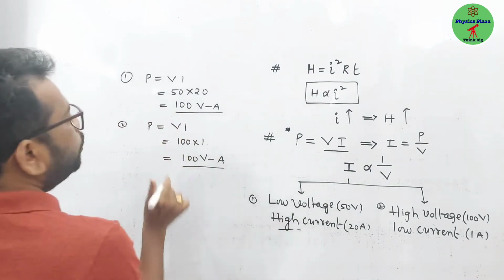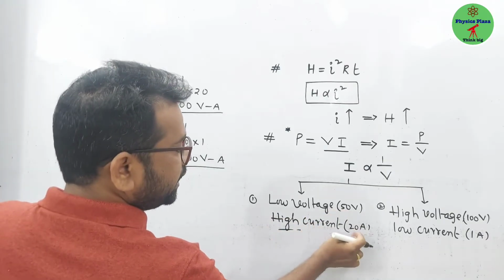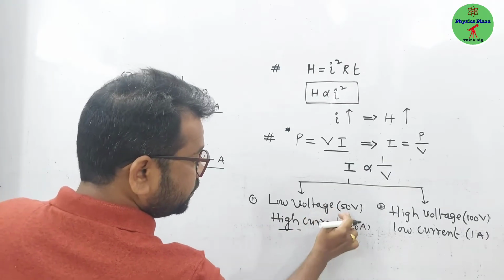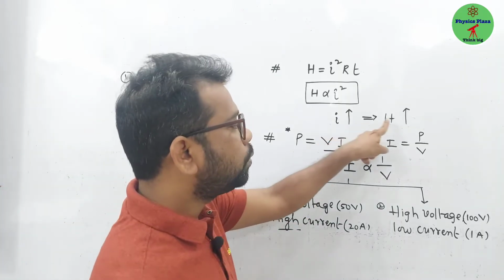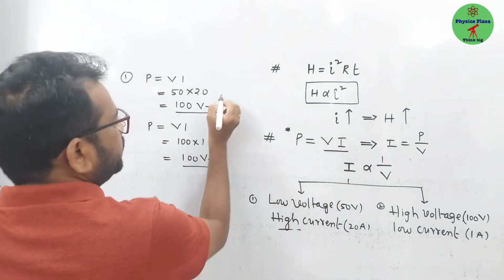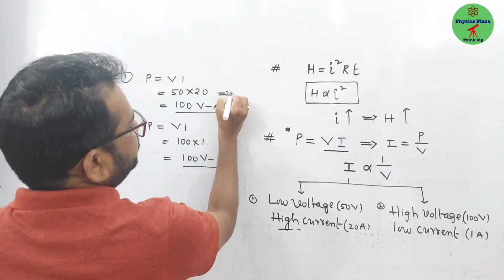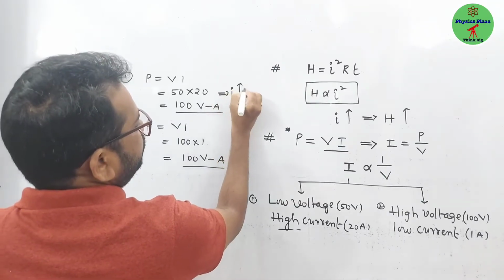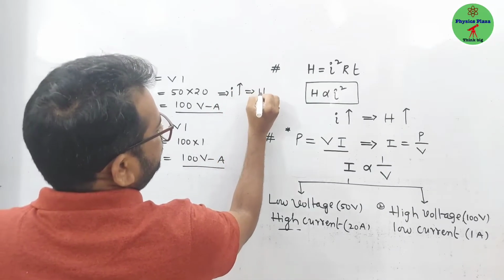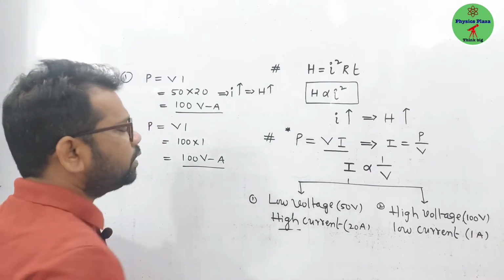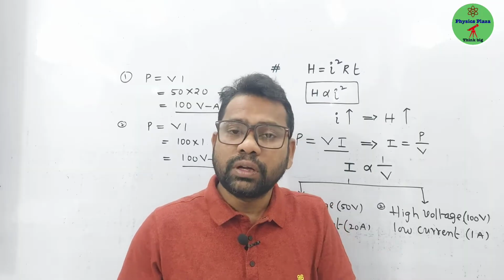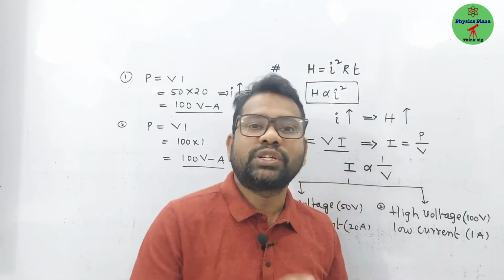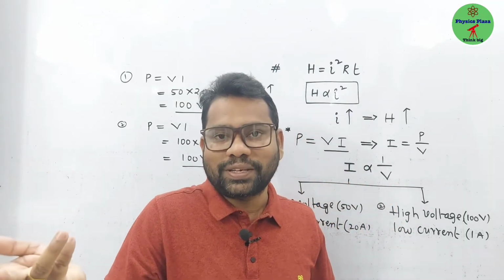Already I told you, if current is high, more heat is produced. So in the first method, current is more, so obviously more heat is produced. Whatever power we want to transmit is converted into heat energy, and that is a loss only, right?